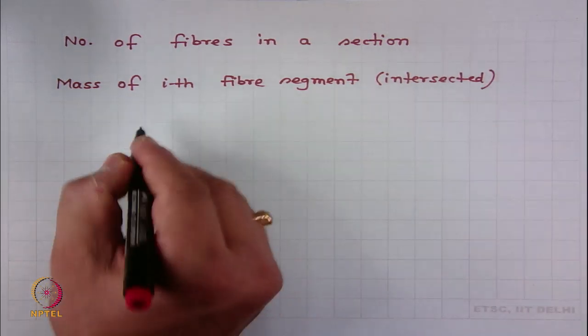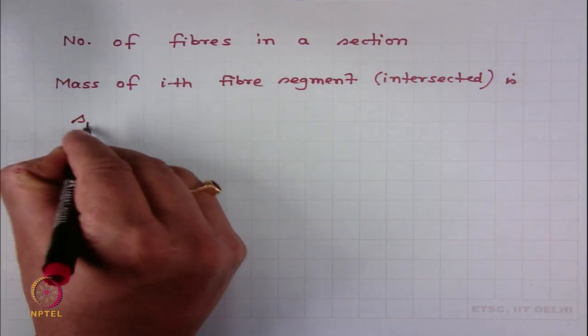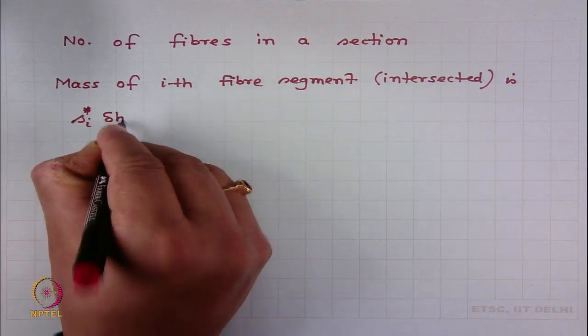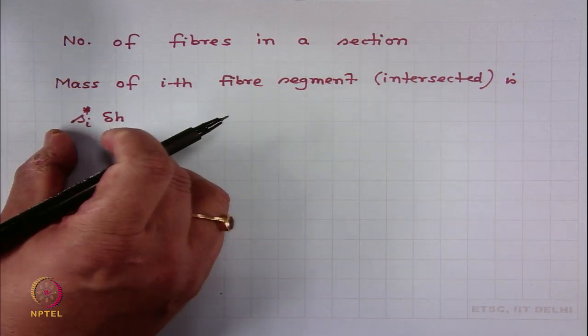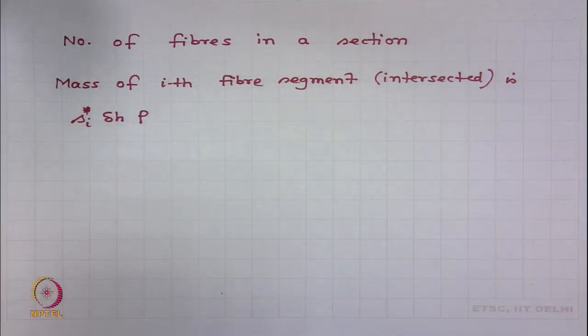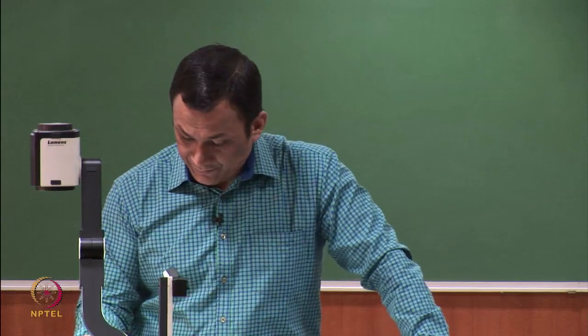Si star delta H gives you the volume, into density gives you the mass. So, this is the ith fiber segment, and there are capital N fiber segments. So, what is the total mass of all fiber segments intersected?